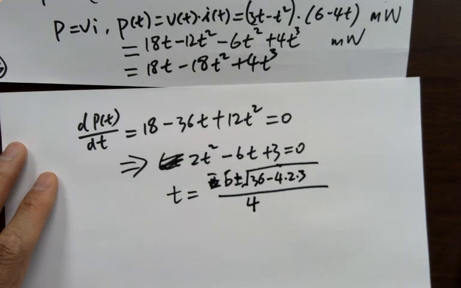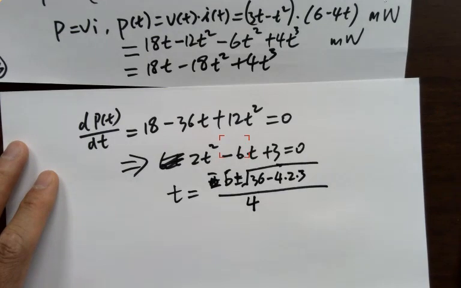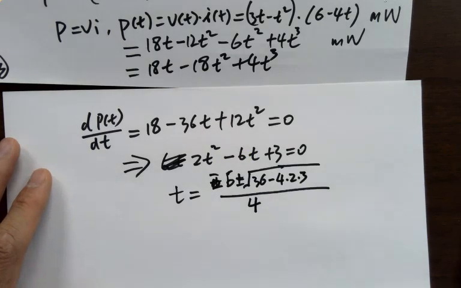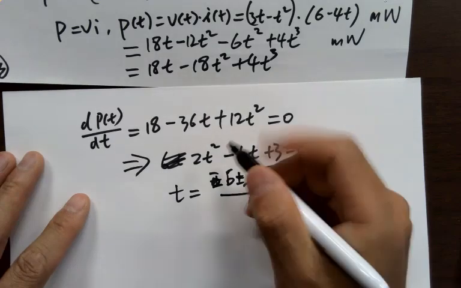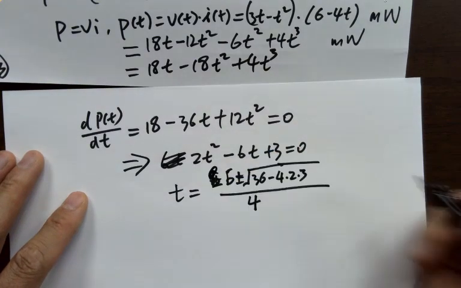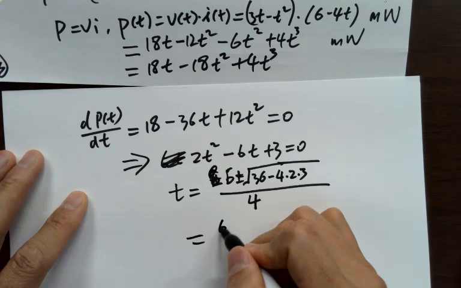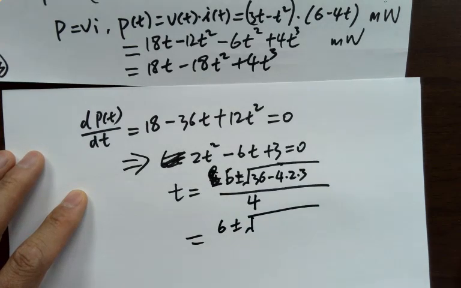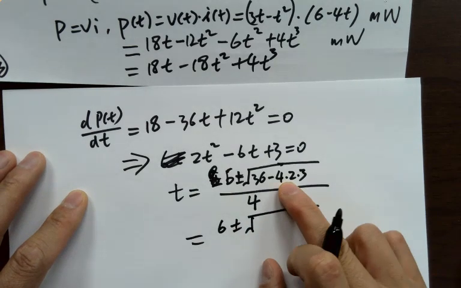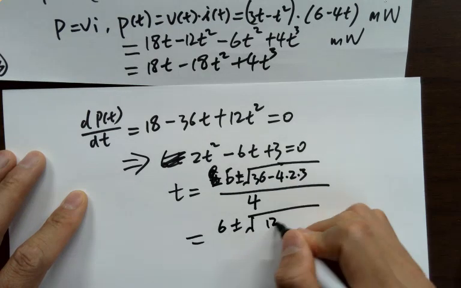Yeah, that's what I thought. The 6 should be positive, because it's negative b. Oh, that's right. 6 plus or minus what? 36 minus 24, right? 12.